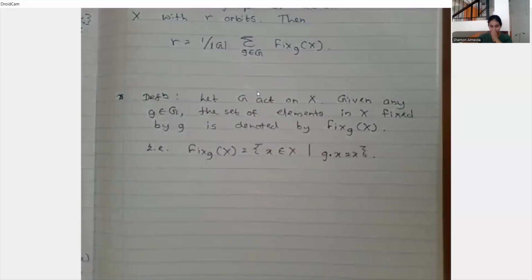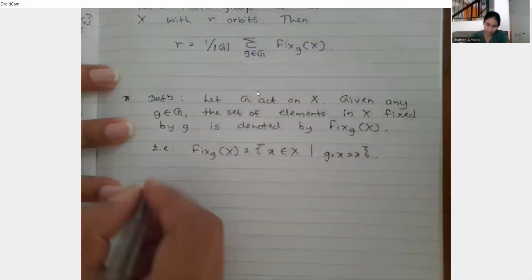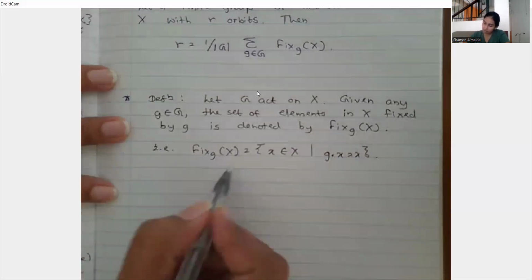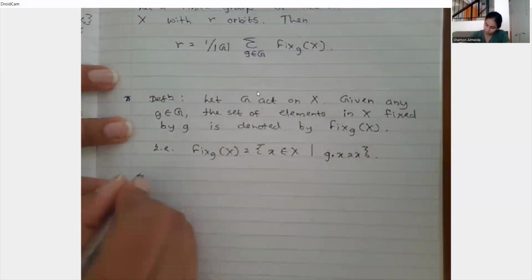Now observe that if you take all the fixed points over this group action, what you get are the points that are fixed by every element in G. So it's easy to see that the set of all fixed points would be the intersection of all these sets.